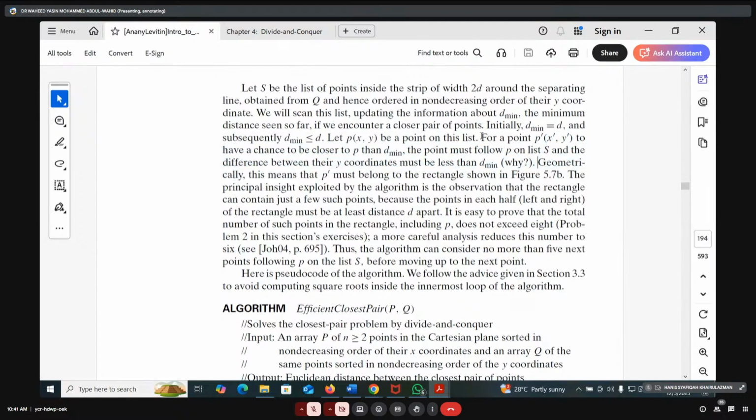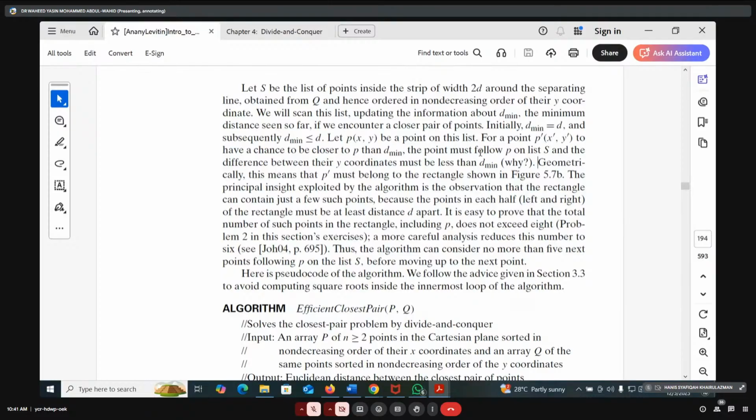So here we have point (x, y) on the list. For a point p' (x', y') to have a chance to be closer to p than d min, maybe I have points, one on the right side and one on the left side.